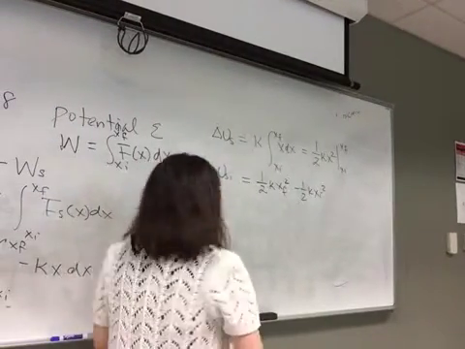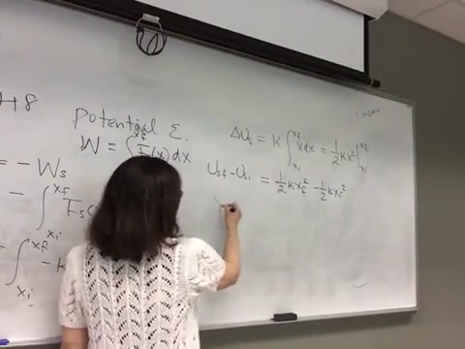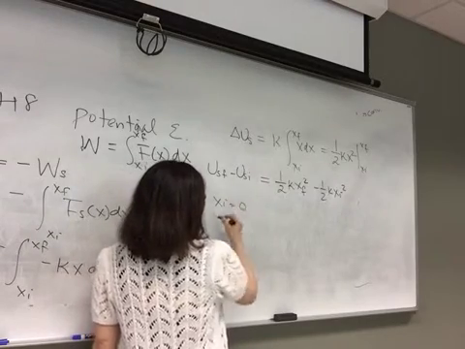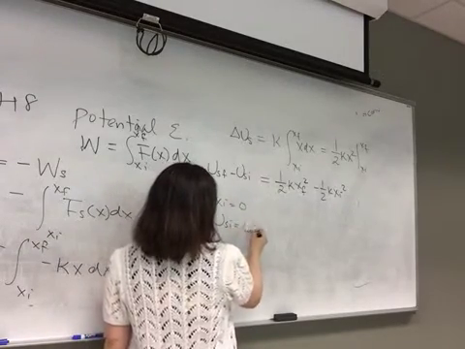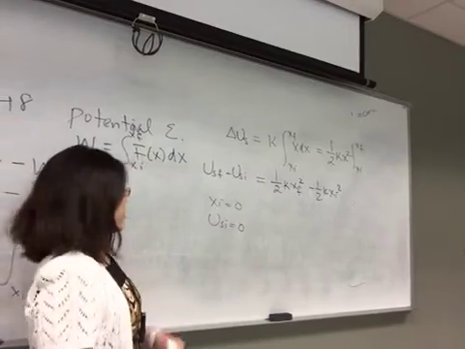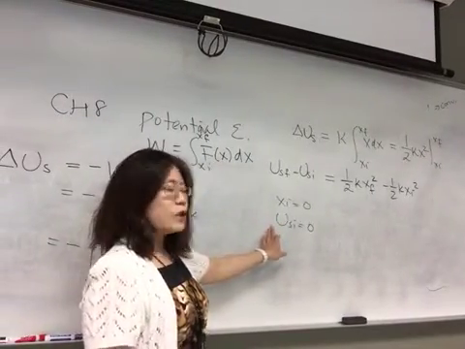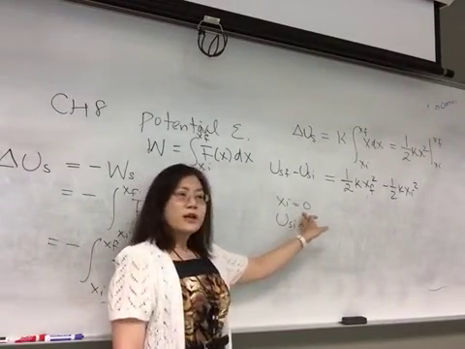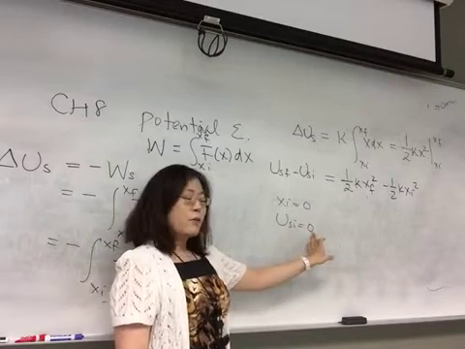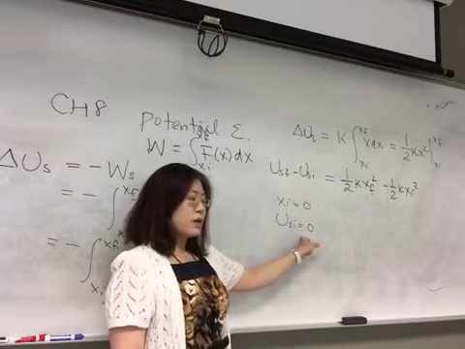So in that case, your xi is 0, and U_S initial is also 0. This is the spring potential energy at this point. When we define this point to be 0, we also let this be 0.